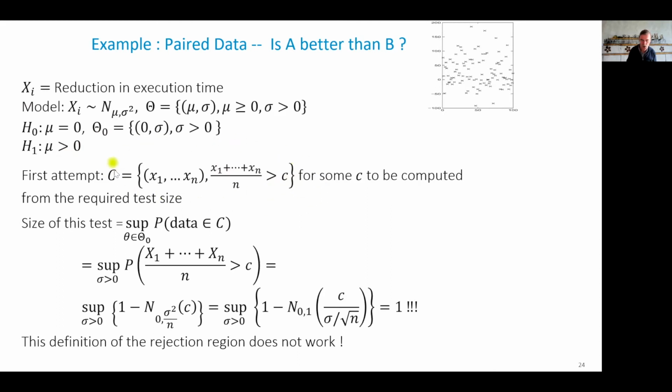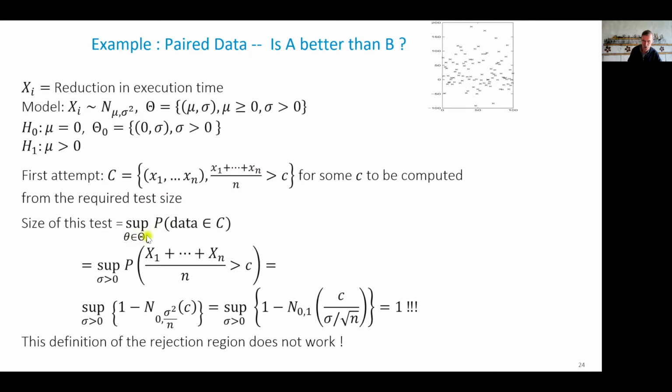I try to design a test of this size here in this form here. And now I need to compute what value of C should I have such that the probability of first type of error is, for example, less than 5% here. So I compute what is the max or the supremum for all values that fall within H0 of the probability of rejection. So this is the probability of deciding for H1 when the true value is theta 0.